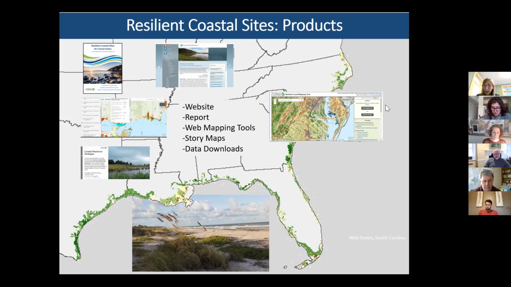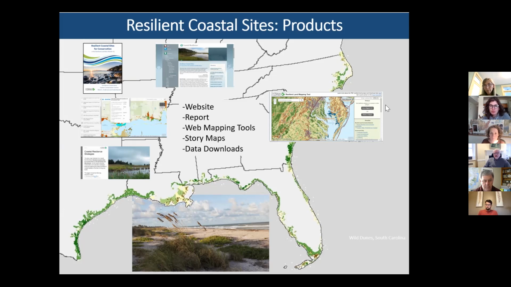There's the web-based mapping tool, which is very user-friendly and has a lot of ways that you can zoom in. Every time you click on a zoomed-in area, a window pops up that gives some nice detailed information about interpreting what you're looking at.